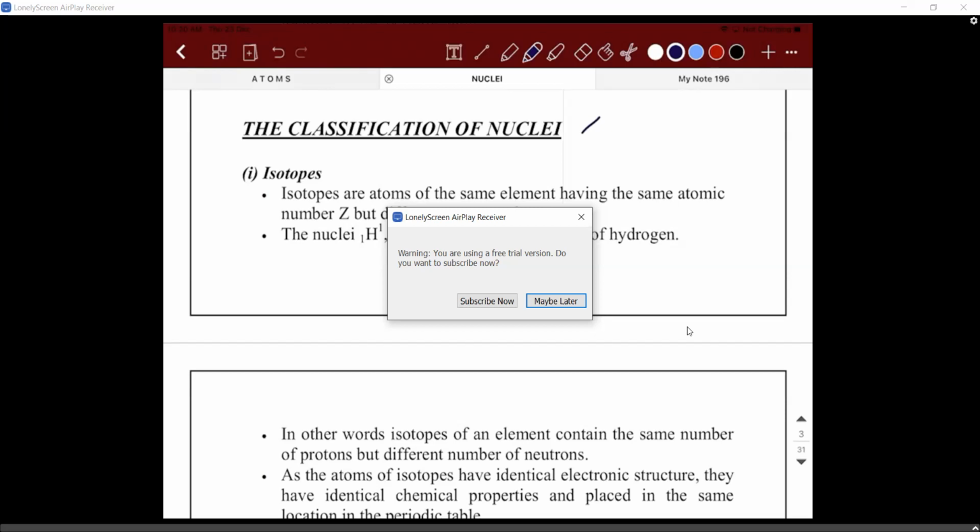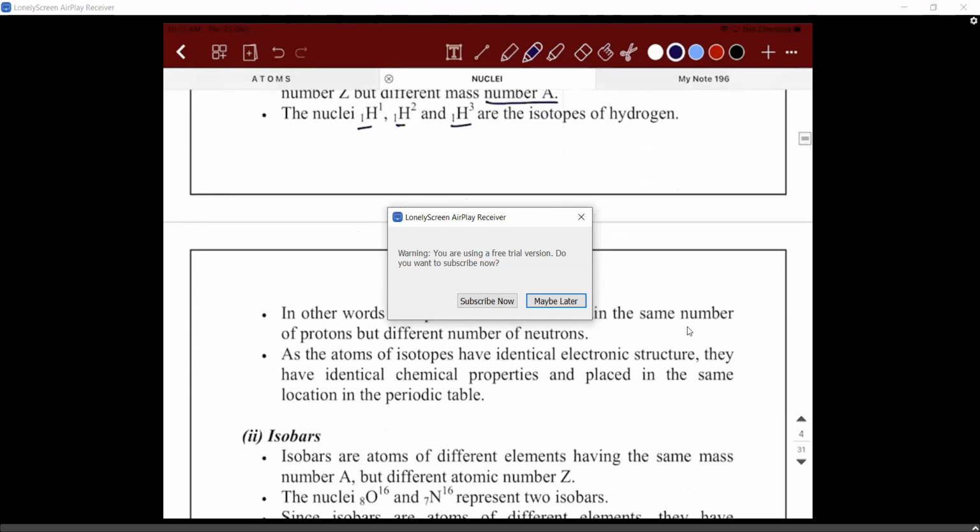For example, H11, H21, and H31 are isotopes of hydrogen, right? So in other words, isotopes contain the same number of protons but different numbers of neutrons. One important point is, as the atoms of isotopes have identical electronic structure, they have identical chemical properties and are placed in the same location in the periodic table.